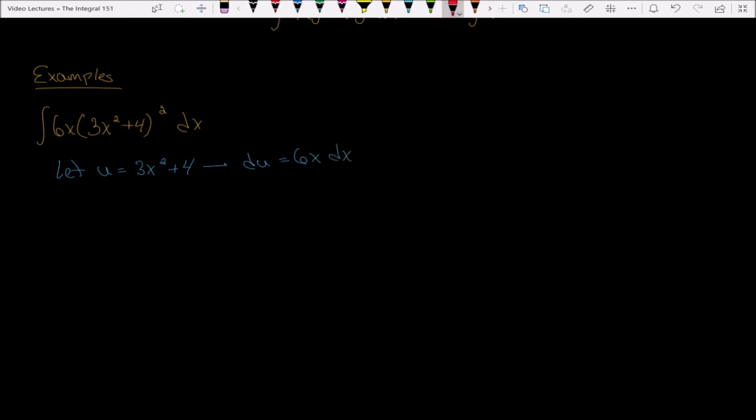Now look, 6x dx, 6x dx. So that's going to get replaced with du. The 3x squared plus 4 gets replaced with u, and so this is actually the antiderivative of u squared, which is a power rule. U to the 2 plus 1 over 2 plus 1 plus a constant, so that's u cubed over 3 plus a constant of integration.